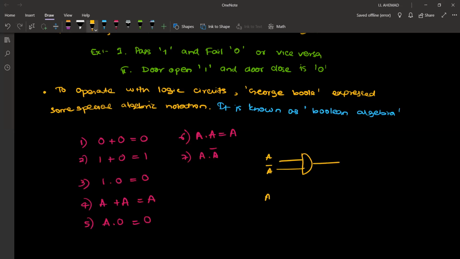So if A is equal to 1, then A bar is equal to 0. So 1 and 0, the output will be 0. If A is equal to 0, A bar will be equal to 1. So this is 0 and this is 1, still the output is 0. Therefore, A dot A bar is equal to 0.